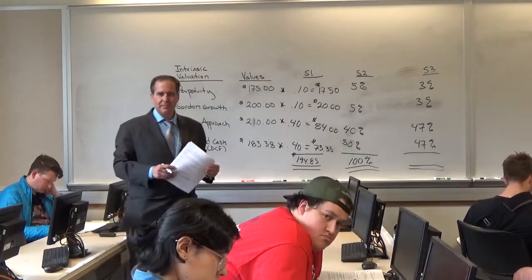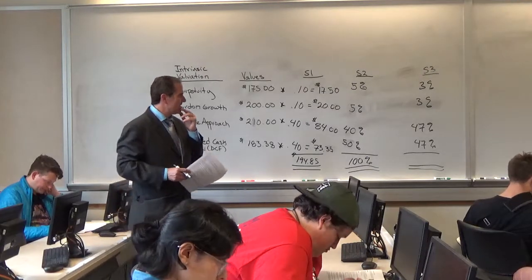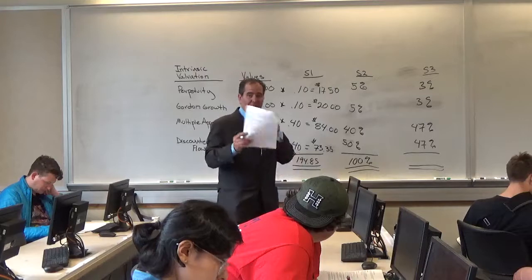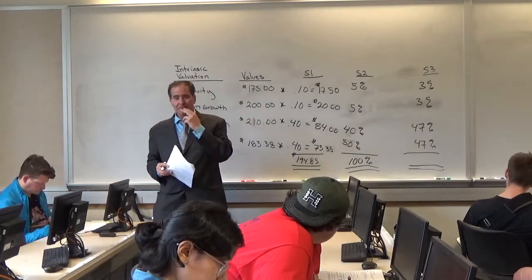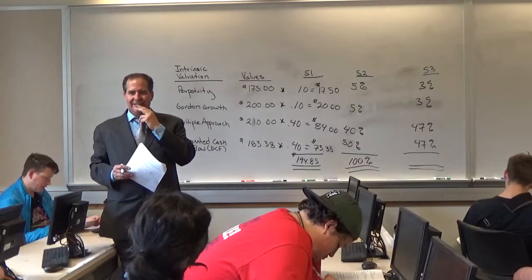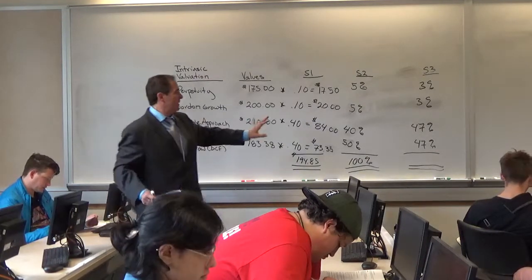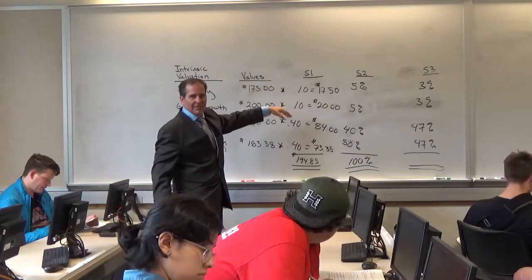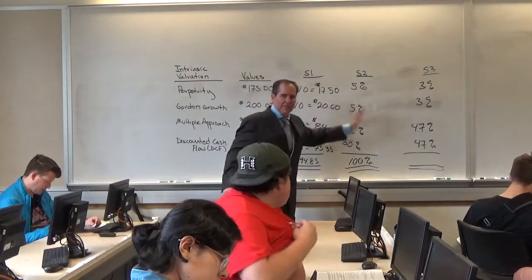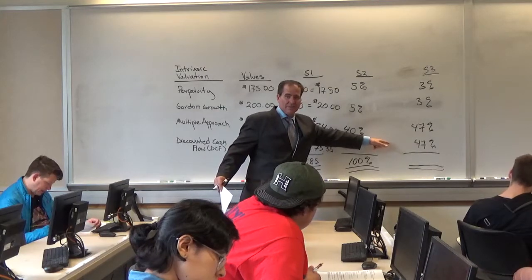For scenario 3, could you do 30 for multiple approach and 70 for discounted cash flow? I probably wouldn't go that high. Why not? You're weighting too much toward one method. If you go 70 and above, you're basically wiping out these guys, and almost all of your weight is on the DCF. Is that what you wanted to do? Well, aren't they the most accurate?